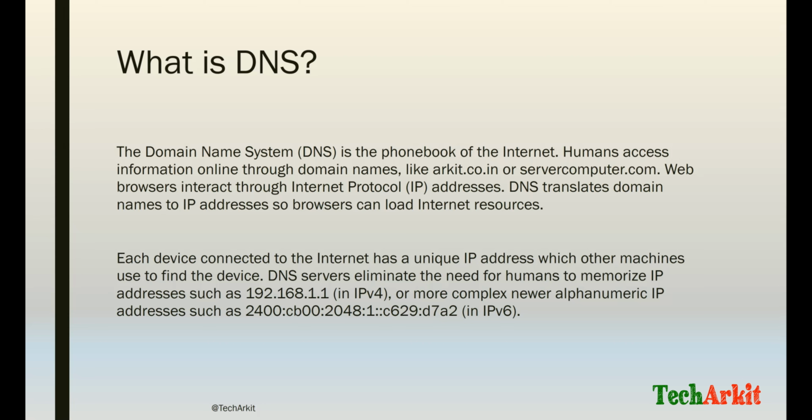Maybe you cannot remember that at all. If you remember three or four of these numbers, you still cannot remember anything. So you don't need to remember these IP addresses at the back. You just remember the name, and the DNS will automatically take care of translating your domain name to the IP address. That's exactly what DNS does.